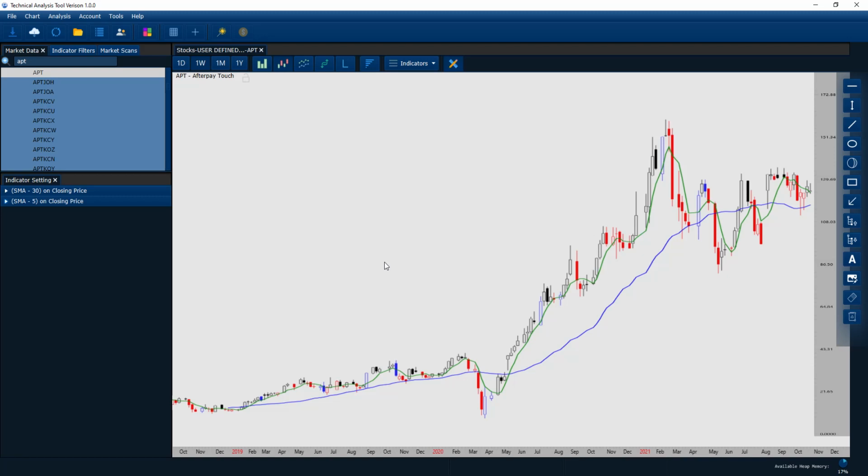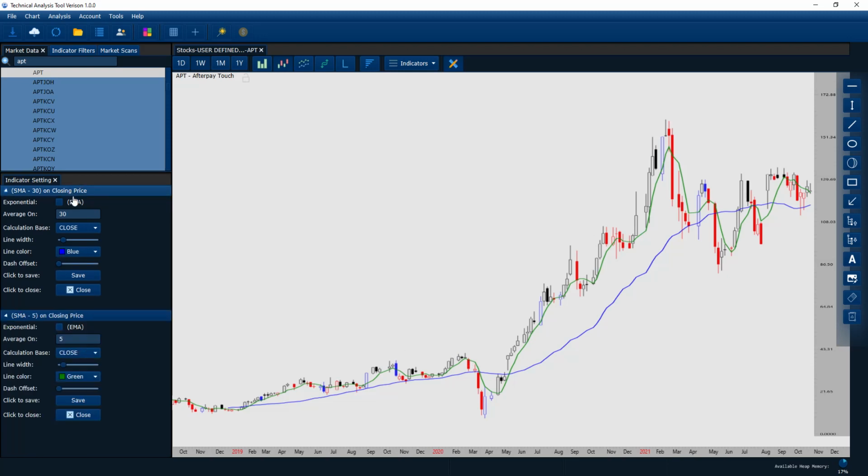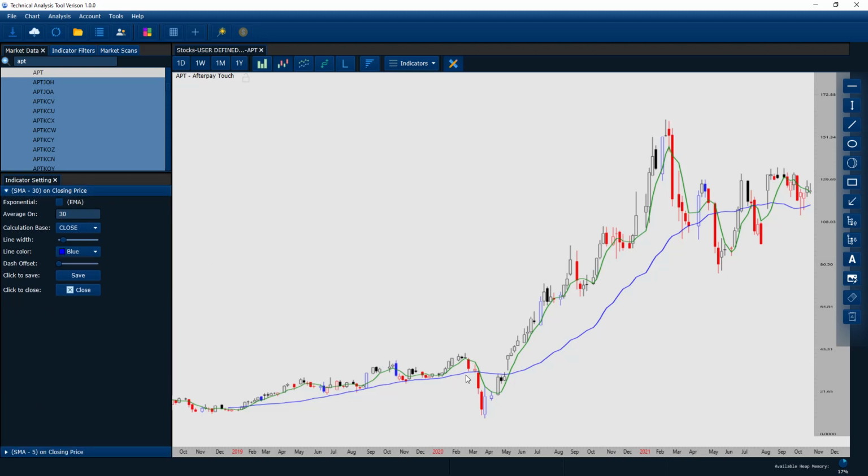So the moving average means the average cost for the past 5 weeks. The green line means their average cost to buy this share. The 30 weeks moving average in the blue line means the people in the past 30 weeks, even longer term investors, what's their buying price.